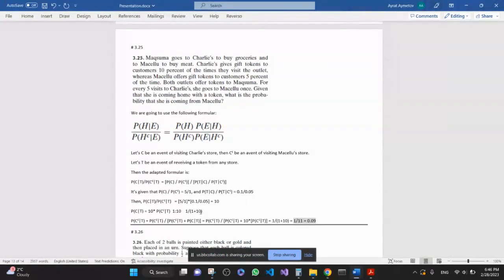Hold on a second. Let me see your second one. So the probability of token from Marcelo's store over... I'm just getting confused with this. Hold on, let's see this. Yeah, it is true, given token from Marcelo's store.